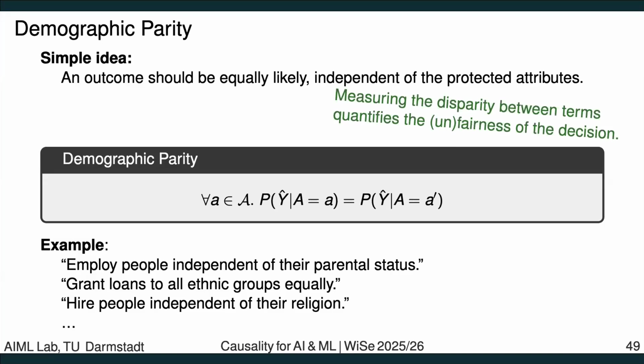So exactly for then using it in training, you do not take the equal sign here, but you put a minus and then measure the difference and punish your model for that.